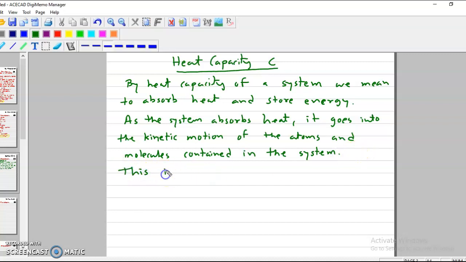This increased kinetic energy raises the temperature of the system.